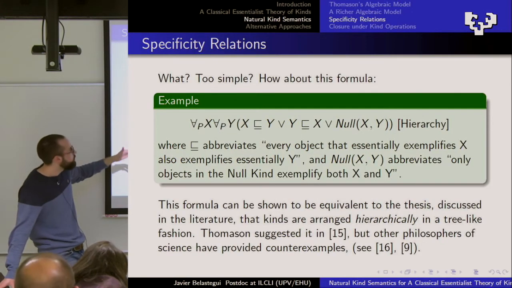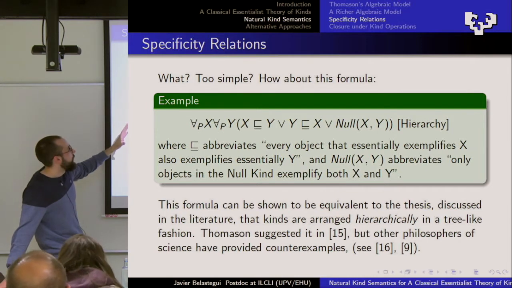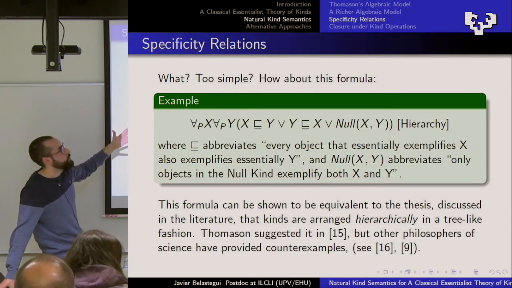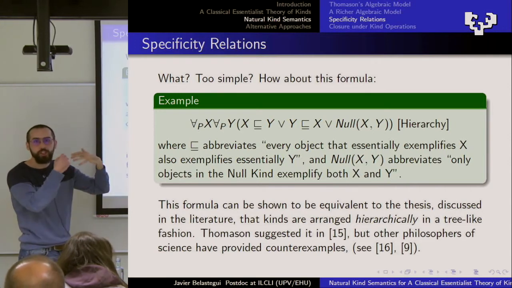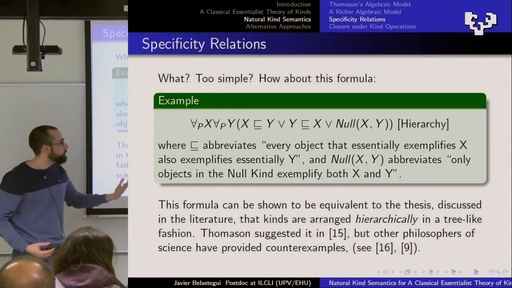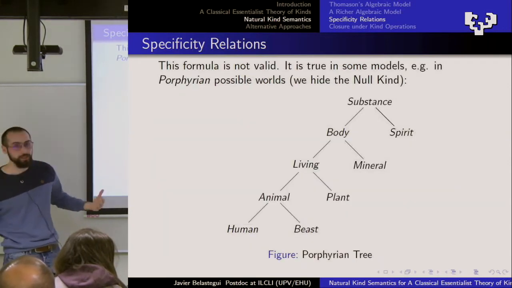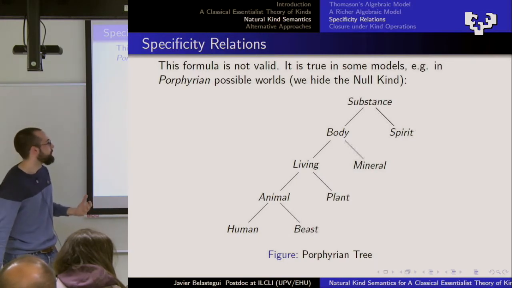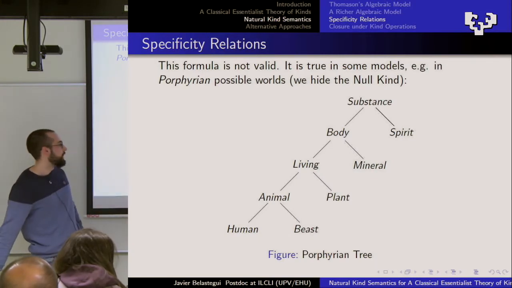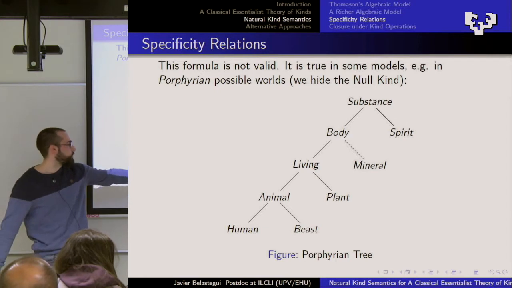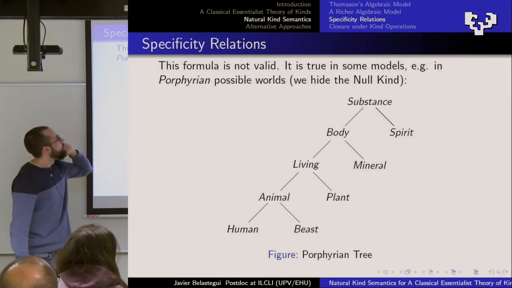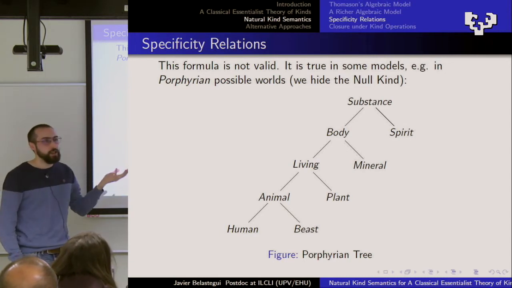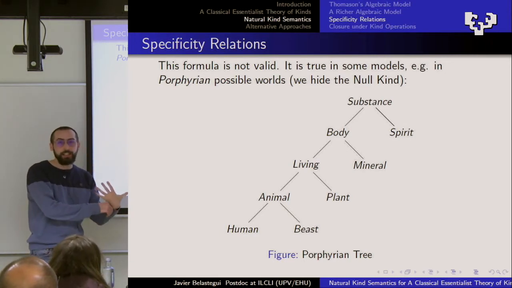There's other stuff you can do. For instance, say what shape the diagram of kinds has. And one shape it could have is this. So here is a tree. Probably well known to all of you, this is a Porphyrian tree, right? There are many domains in science where classifications are hierarchical in this sense.